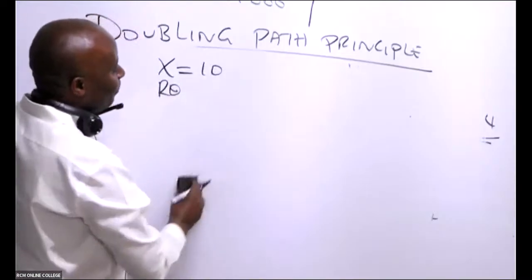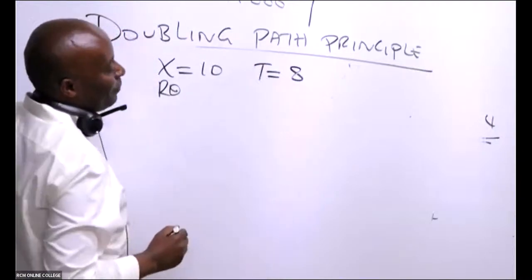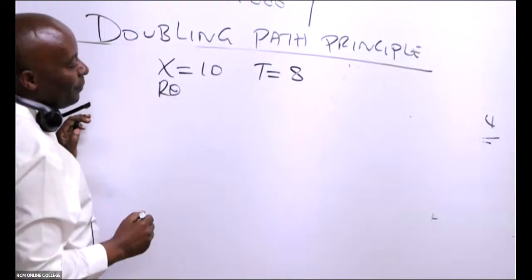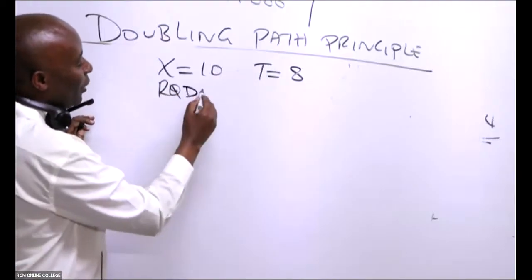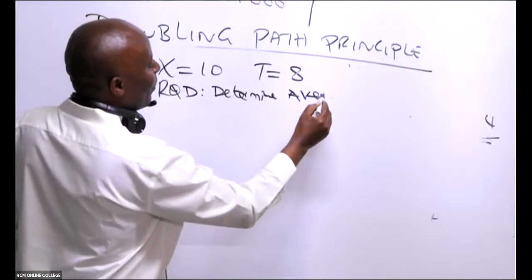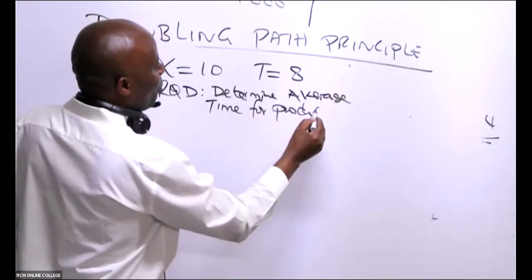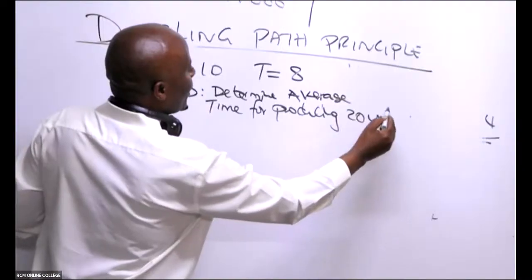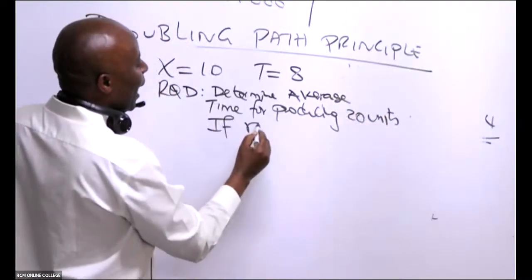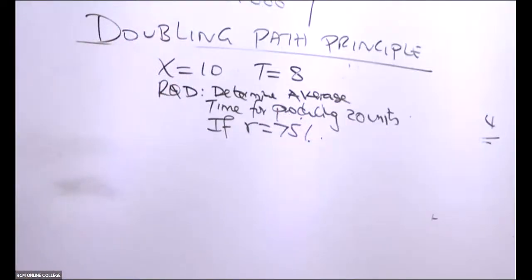So X is 10, and then we have T, which in this case is 8. Then you are required, ladies and gentlemen, to determine the average time for producing 20 units if R is 75%.